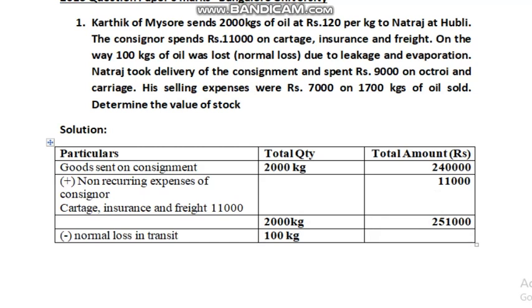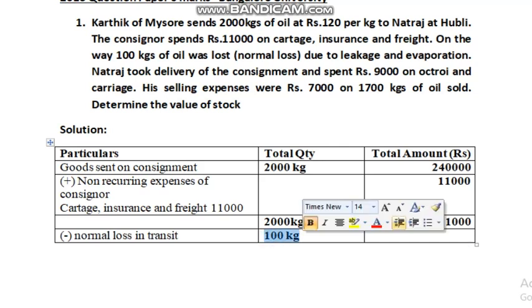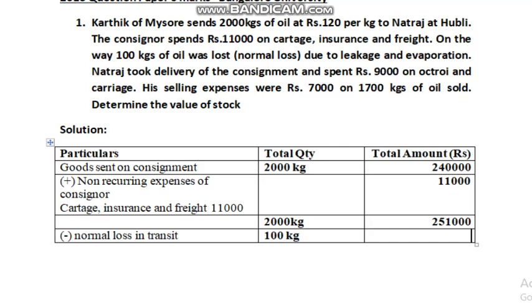That's why we need to deduct only the total quantity and not the total amount. Next, minus abnormal loss in transit. In this problem, there is no abnormal loss. In case there is any abnormal loss, that should be deducted from the total quantity and also the total amount. But in this problem, there is none. So 2000 kg minus 100 kg, 1900 kg.